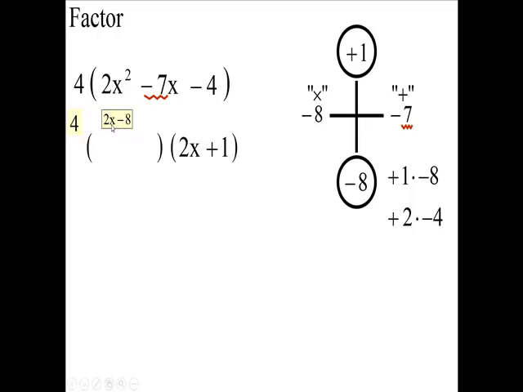Now, what can I factor out of both of these? What do they have in common? A 2? Didn't I tell you a while ago that we were going to have to get rid of a 2? Well, here we go. Copy it down. Factor a 2 out. This is the 2 we're going to get rid of. 2 times x is 2x, and 2 times negative 4 is negative 8.